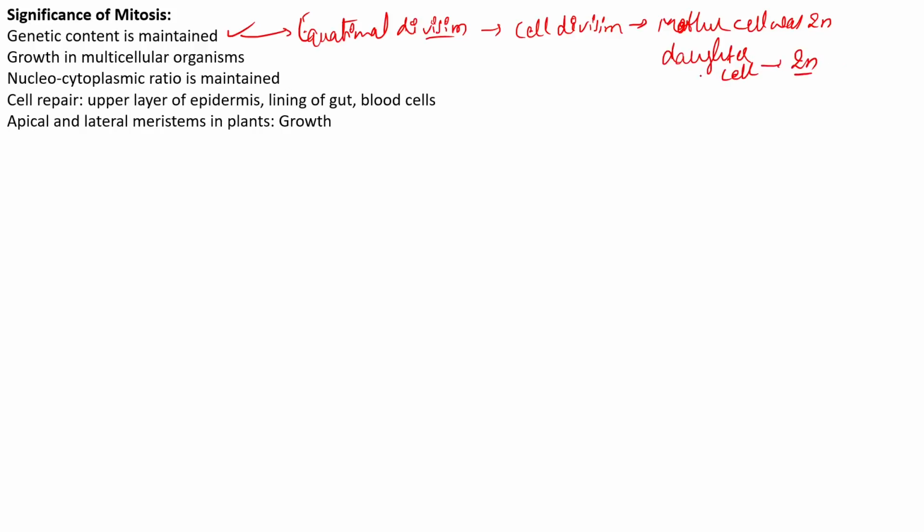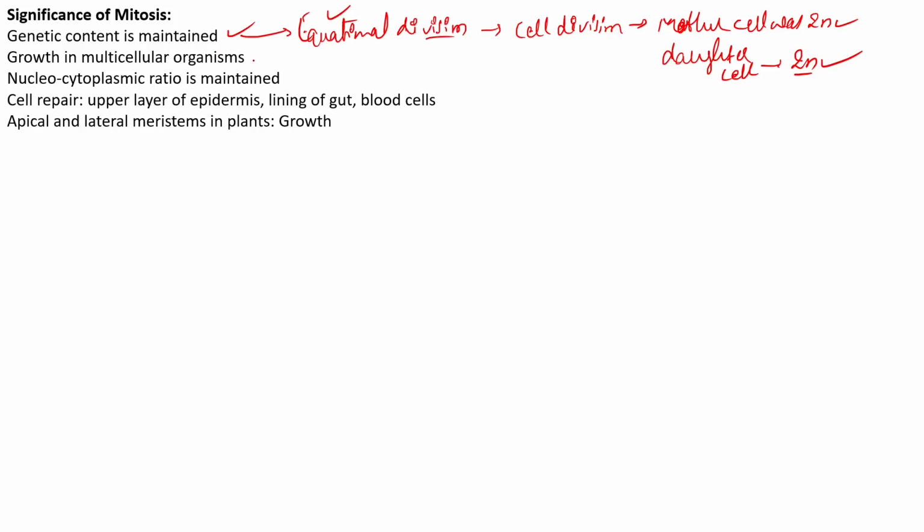So hence we can say that there is no reduction in the amount of DNA or number of chromosomes. Even the mother cell was diploid. Similarly, the daughter cell is also diploid. So the ploidy condition, the number of chromosomes, is maintained, and the genetic content is also maintained. Hence, we say that it is a kind of equational division.